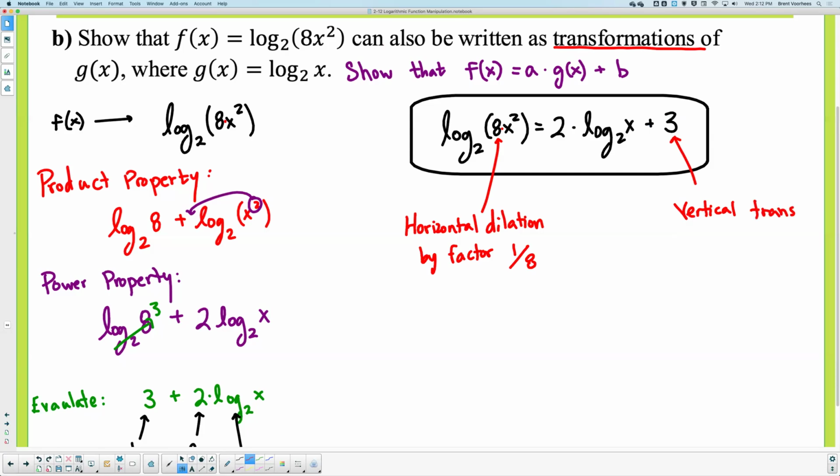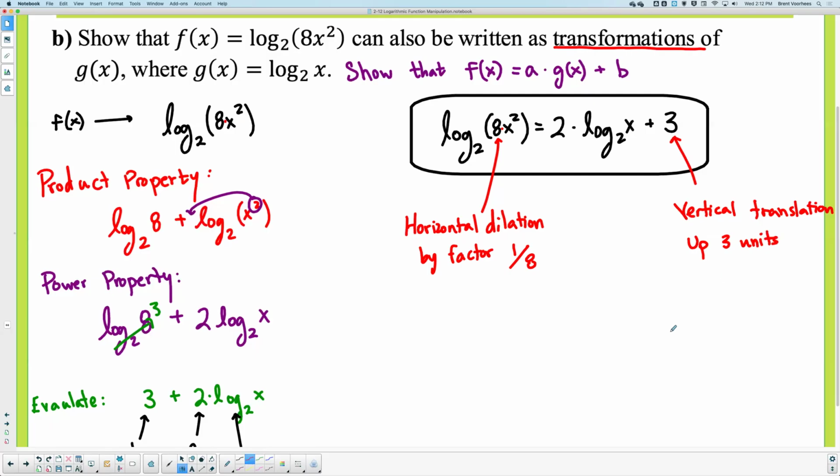That's a vertical translation. Not by factor, sorry, factor means multiply. Which way would you go if it said plus 3 on the outside? Plus 3 would be left 3 if it was in parentheses. It's not in parentheses, so it's up or down. Up 3 because y's are truth tellers.